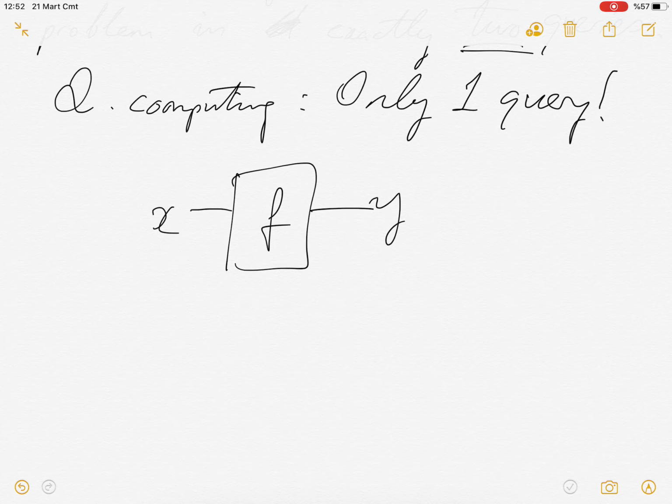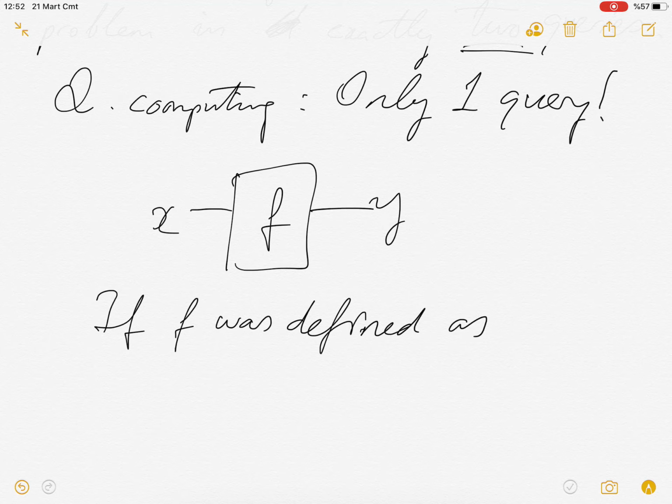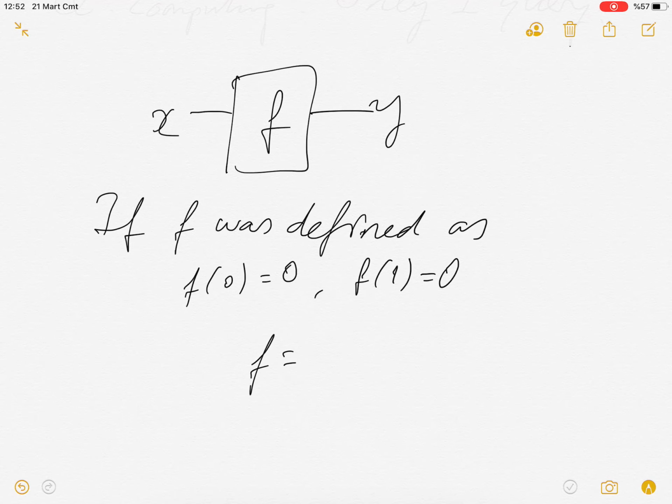For instance, if f(0) was 0 and f(1) was 0, so f is a constant function, then I could represent f by the matrix 1, 0, 1, 0, right? So it maps ket 0 to ket 0, and it maps ket 1 to ket 0. It's a constant function, and this would be the matrix representation of the function f.